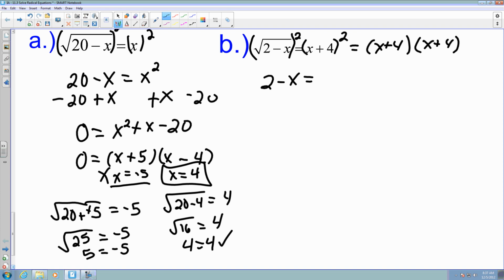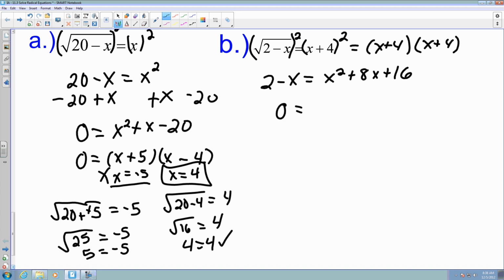So we have to FOIL it. This gives me x squared plus 8x plus 16. And I'm going to get my 2 and 2 minus x to the right-hand side of the equal sign, so it's set equal to 0.